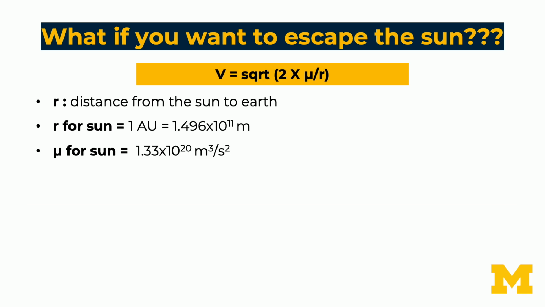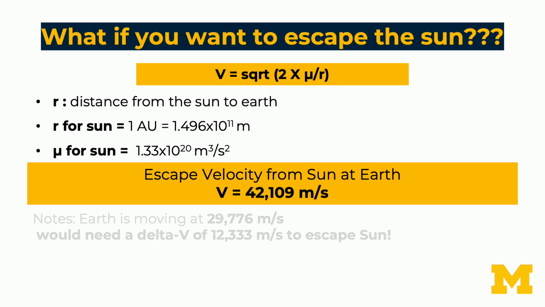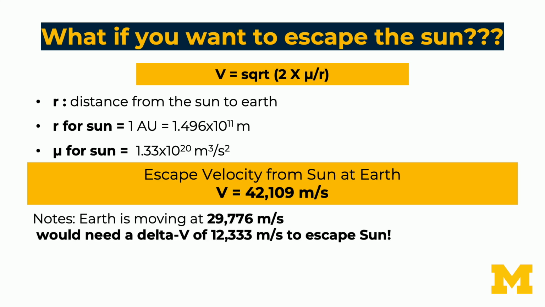So when you solve that, then you get the escape velocity from the sun at Earth is 42,000 meters per second. Now, we should note that the Earth is actually orbiting the sun, so the Earth is actually moving at 29,000 meters per second already, so you just have to speed up by about 12,000 meters per second and then you would escape the sun.